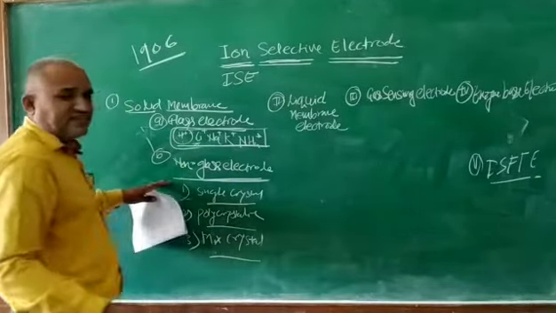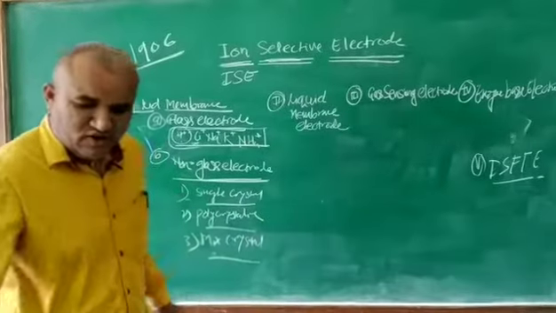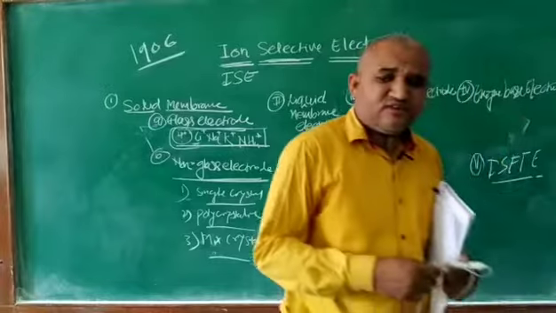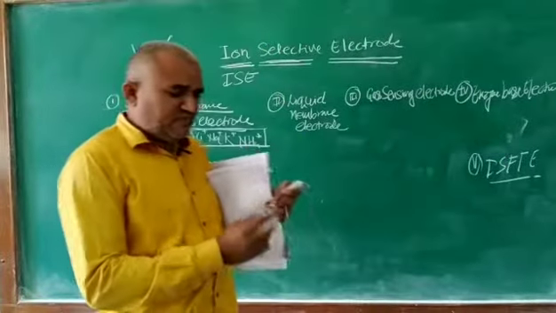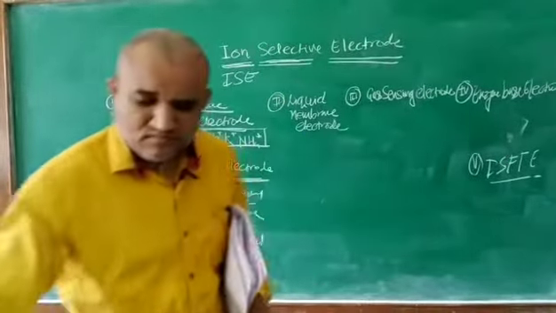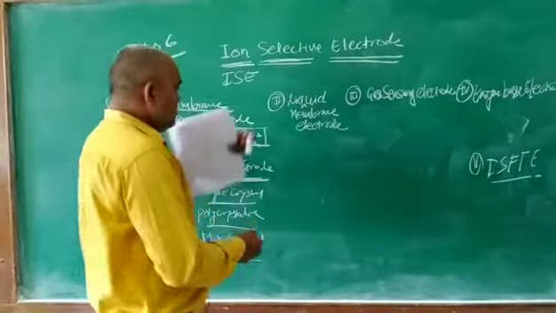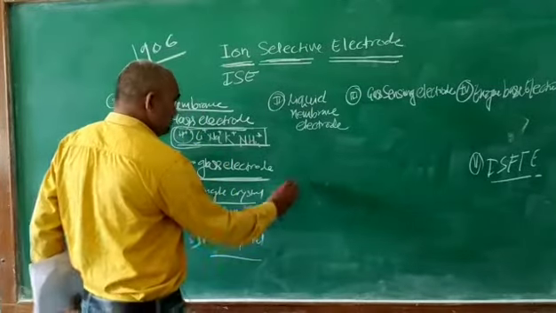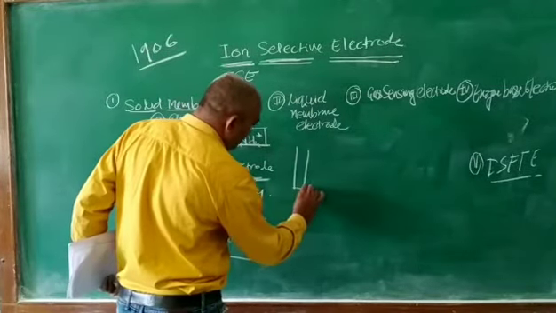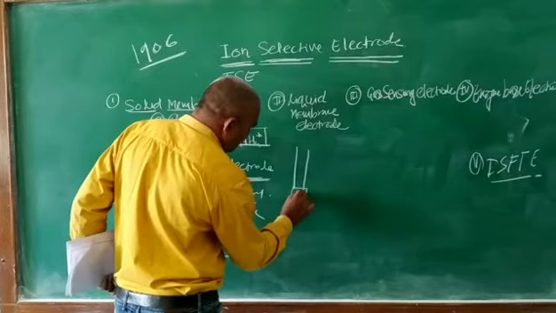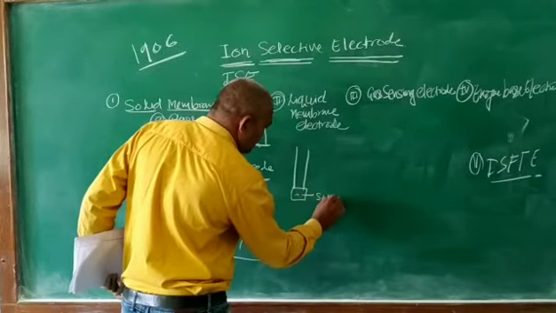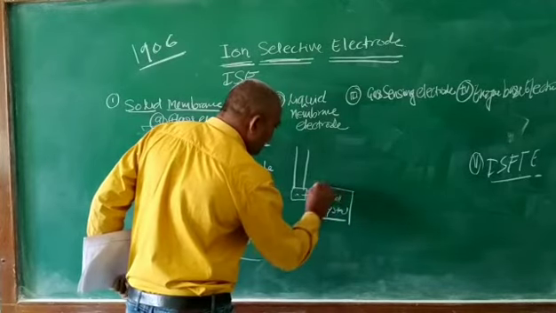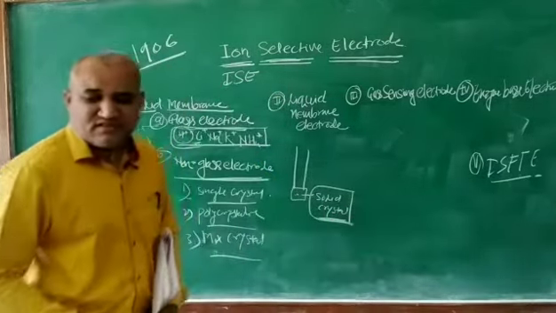Second, the non-glass electrode. In the non-glass electrode there is an absence of this bulb. Instead, solid crystals are present on the tip of the electrode, crystals of the specific ion that we measure.